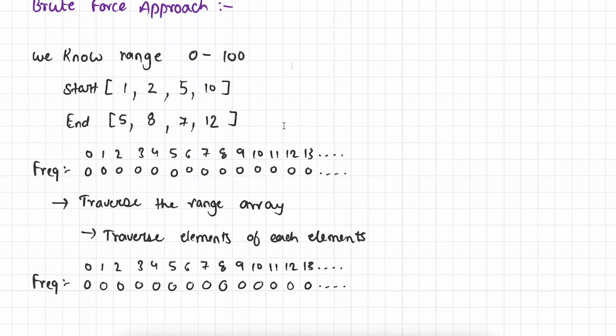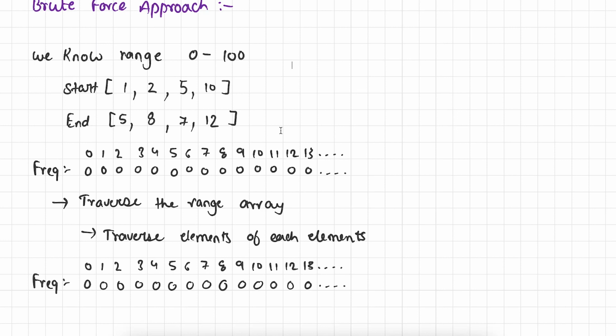The second step is to traverse the given start and end arrays, to pick one range at a time. So we traverse like this: 1 and 5, then 2 and 8, then 5 and 7, and then 10 and 12. This way we get access to the ranges.